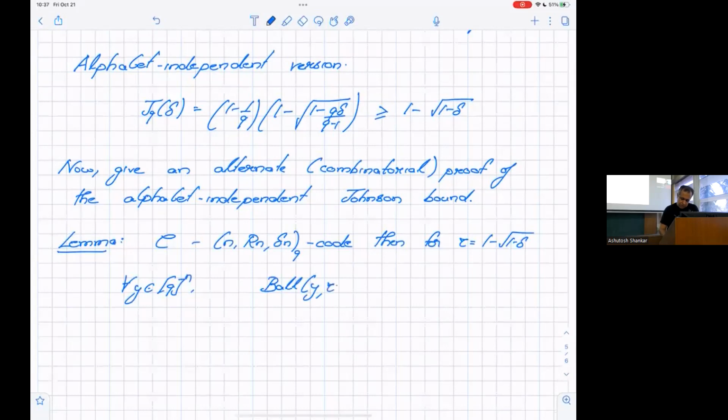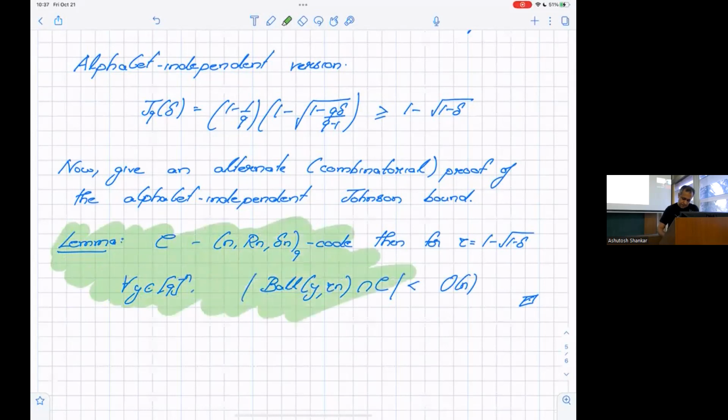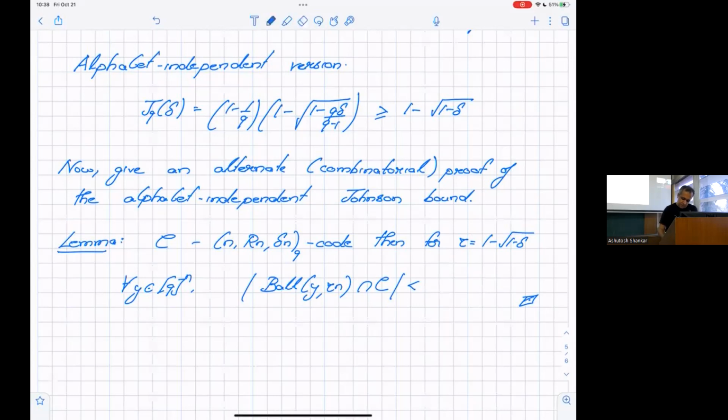The ball around y of radius tau n intersected with C has small size. In fact, I think we get n by 4. I can come and change that. Let's leave this blank for now and I'm going to fix this when we finish the proof. So keep it as is for now.